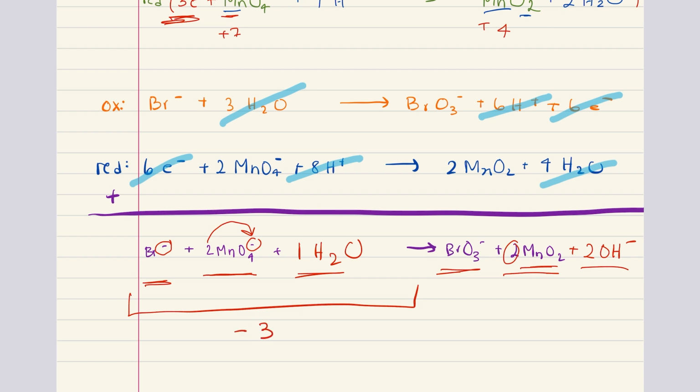And here we have -1 and 2 times -1. So this is -1, -2. This is a total of -3 on the product side as well. So the overall charge on the reactant side is the same as the overall charge on the product side. And this gives us confidence that we have correctly balanced this equation.